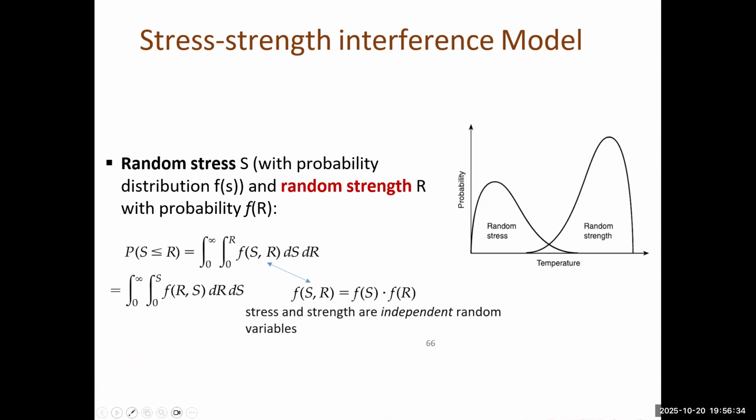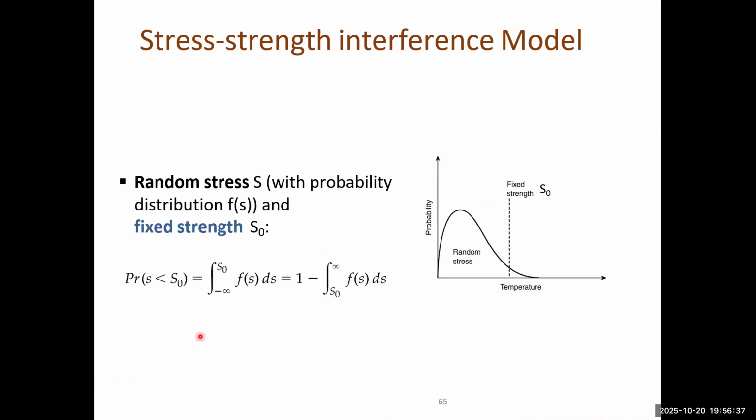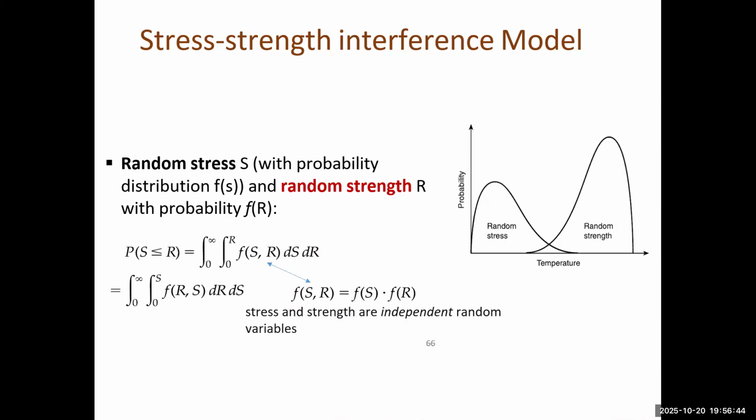We can also have it in another form. If you look at the second form, you can find that the positions of ds and dr are transposed, and the upper limit of our integral is also transposed.